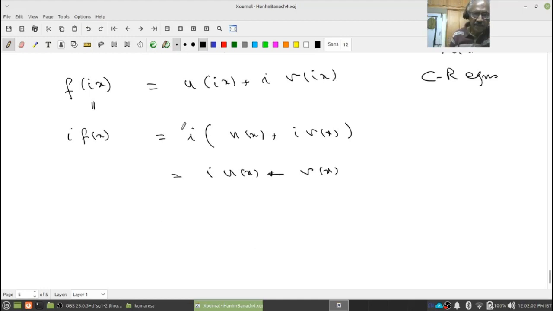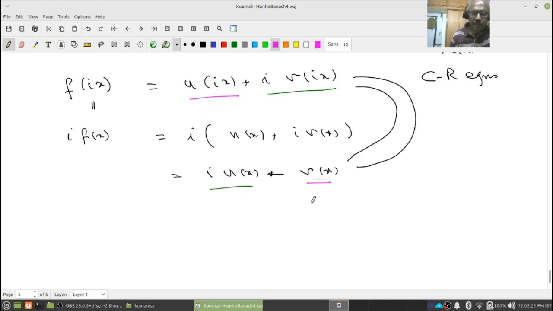But these two are equal, therefore this must be equal to this. That means the imaginary part should correspond to the imaginary part, and the real part should correspond to the real part. Therefore what we get is something very interesting, namely u of ix is minus v of x.